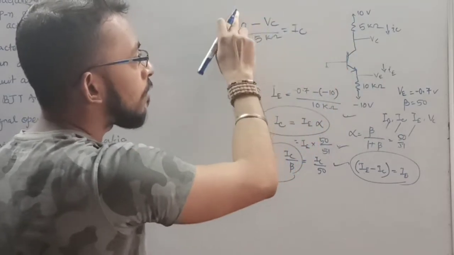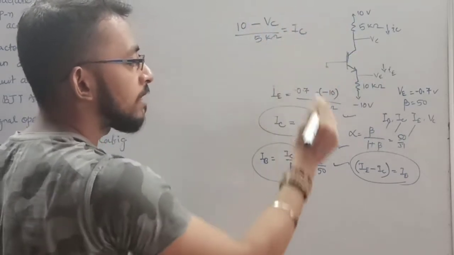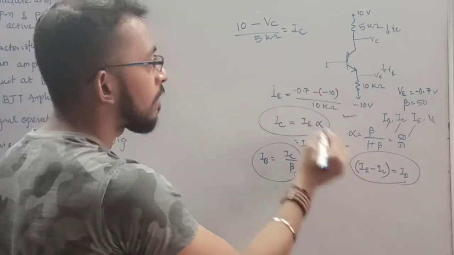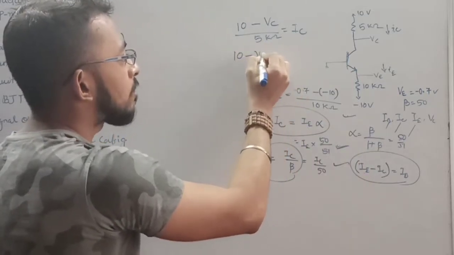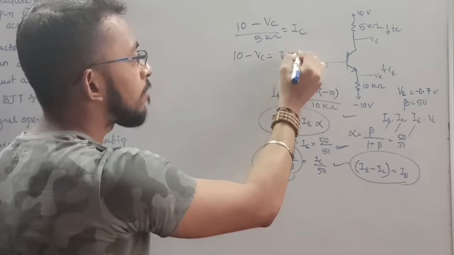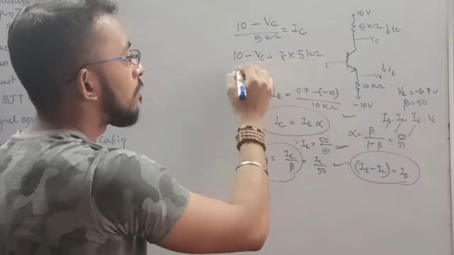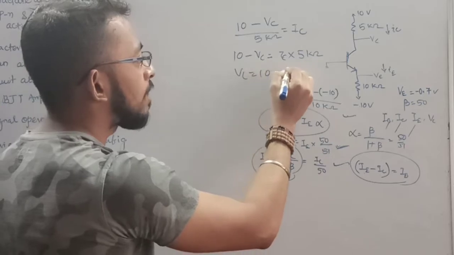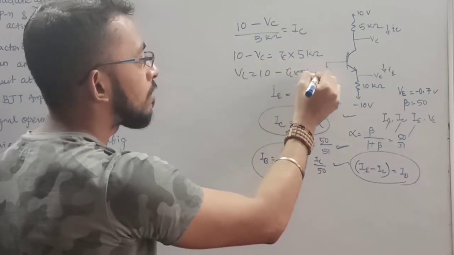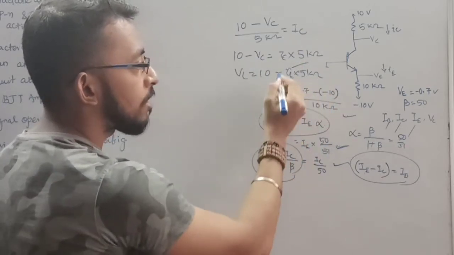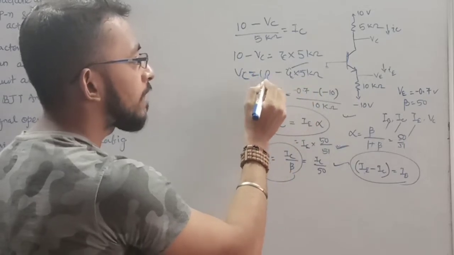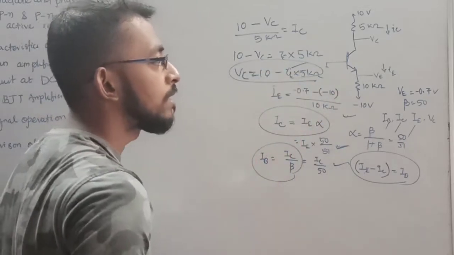So this voltage 10 volt minus VC upon 5 is nothing but IC, and we know the value of IC from here. So my 10 minus VC is nothing but IC multiplied by 5 kilo ohm. My VC is nothing but 10 minus IC into 5 kilo ohm. You know the value of IC, just multiply with 5 and subtract from 10 volt. Then you will get the value of VC.